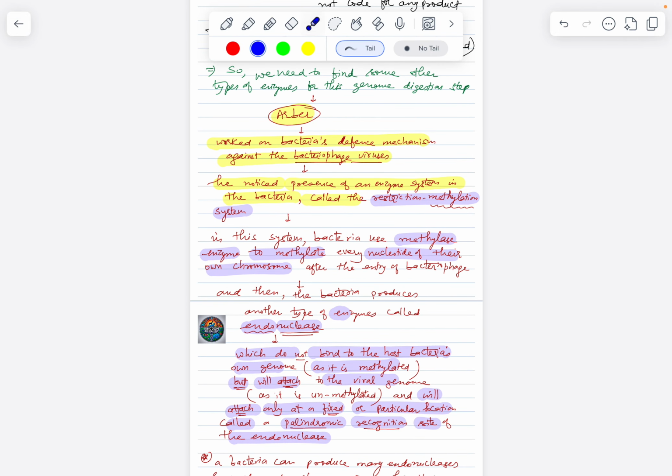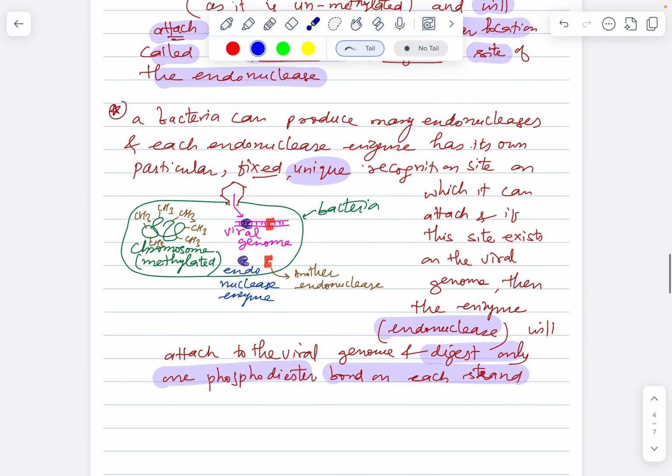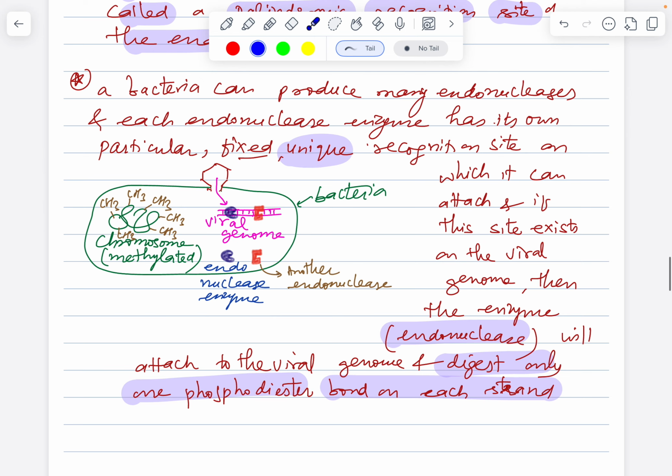Arber was a scientist who was working on bacteria's defense mechanism against bacteriophage viruses. He found out that whenever a phage virus enters the bacteria, first of all it methylates its own genome with the help of methylase enzyme, and then the bacteria produces certain enzymes called the endonucleases that will attach at fixed, unique locations on the viral genome, cutting it into pieces.